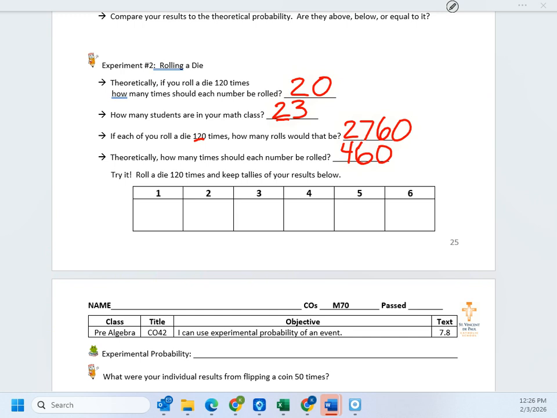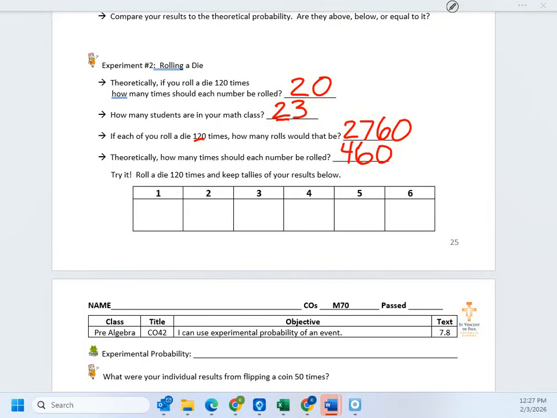So we have 2,760 rolls happening. Divide that by our six numbers, and we get 460 of each number when we look at our whole class's amount. Okay? So you're going to get a dice, and you're going to have to roll it 120 times.